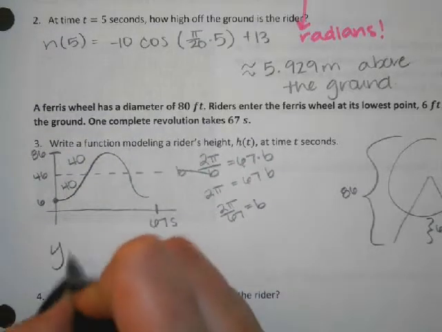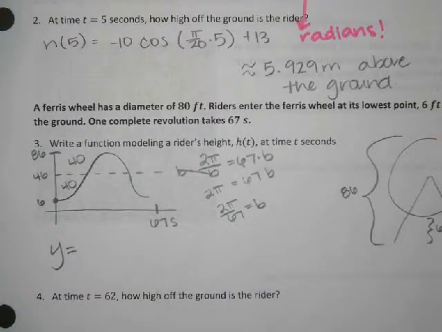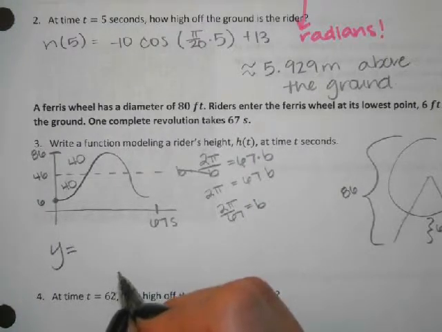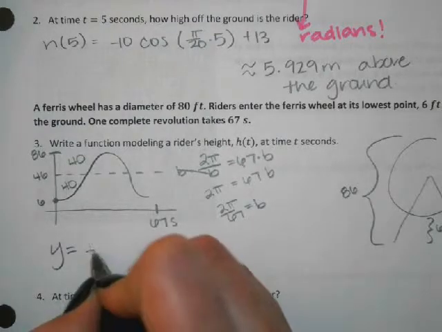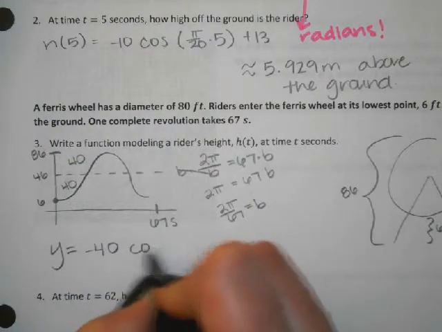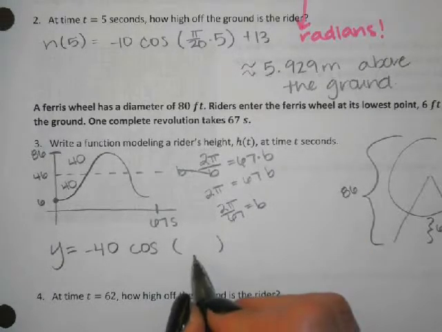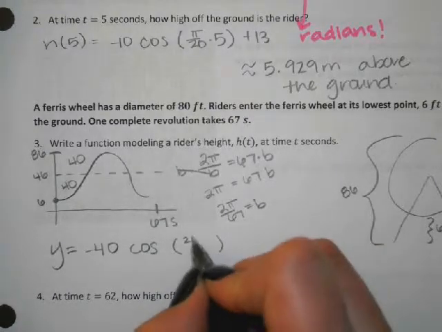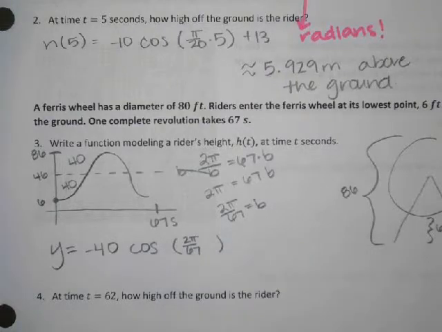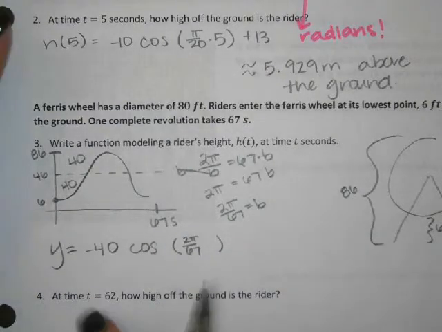So I have y equals, close, negative 40, because it's upside down, right? Negative 40 cos. You're closer than you knew. And what goes in the parentheses? 2 pi over 67. And it looks like they're not doing x's and y's, they're still doing a t down here.